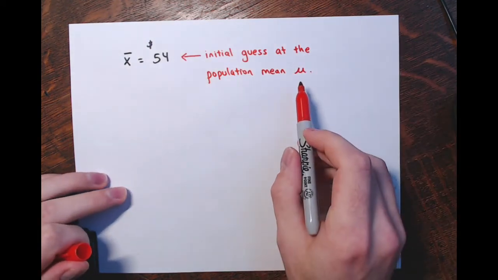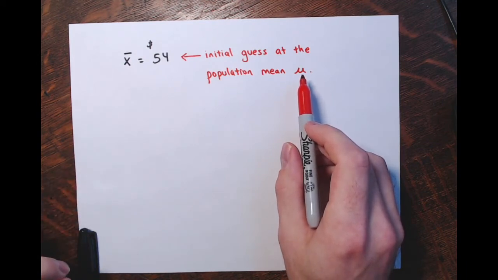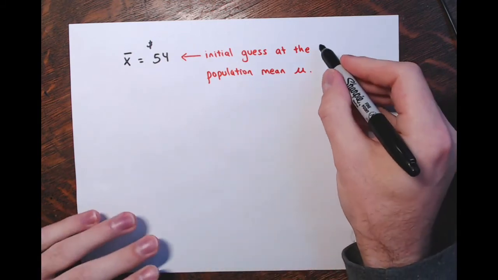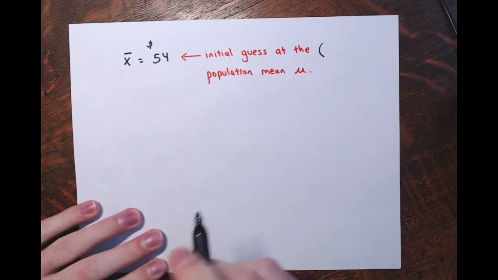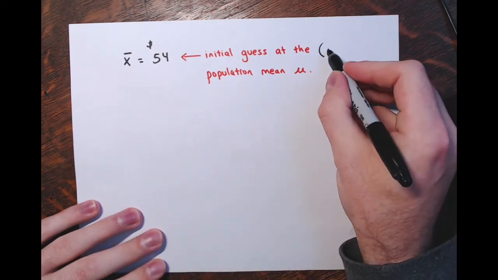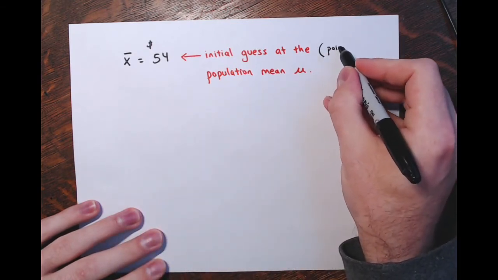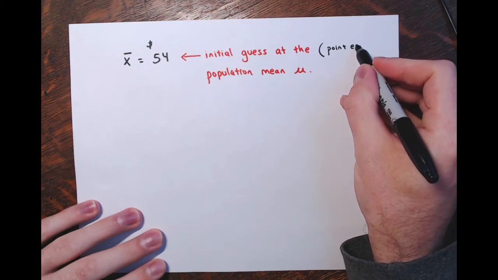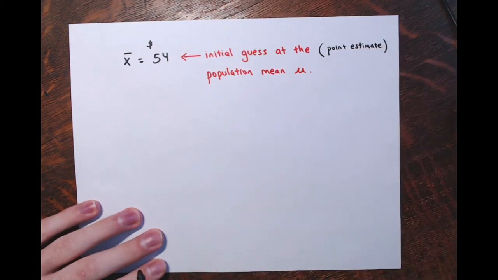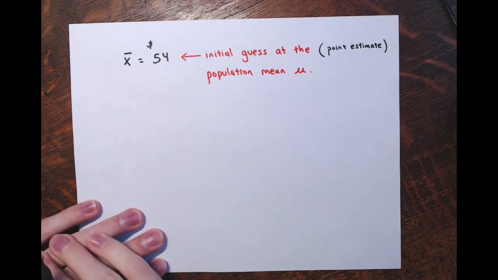Remember, the symbol for population mean was that Greek letter mu. This initial guess for the population mean is given a name. The initial guess is sometimes referred to as just a point estimate, and you've seen those words in the title of the objective. It was point estimates, margins of error, and confidence intervals.